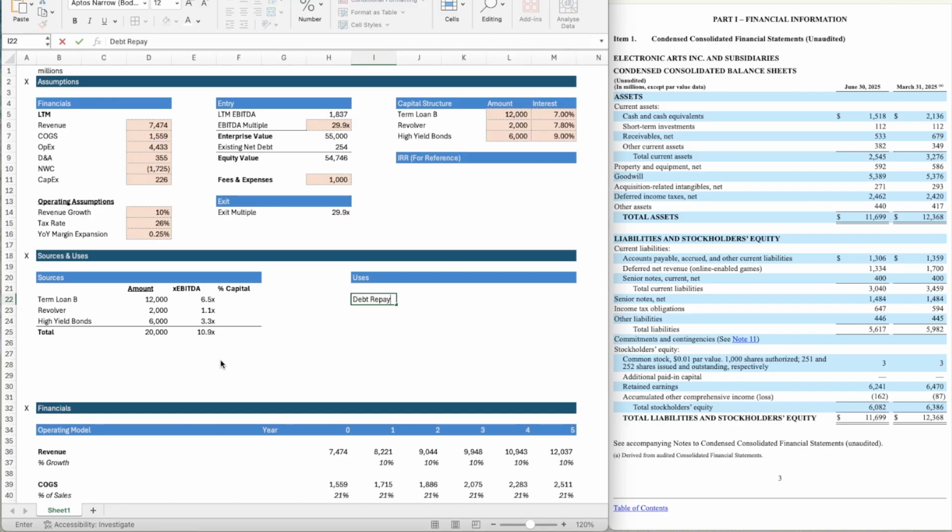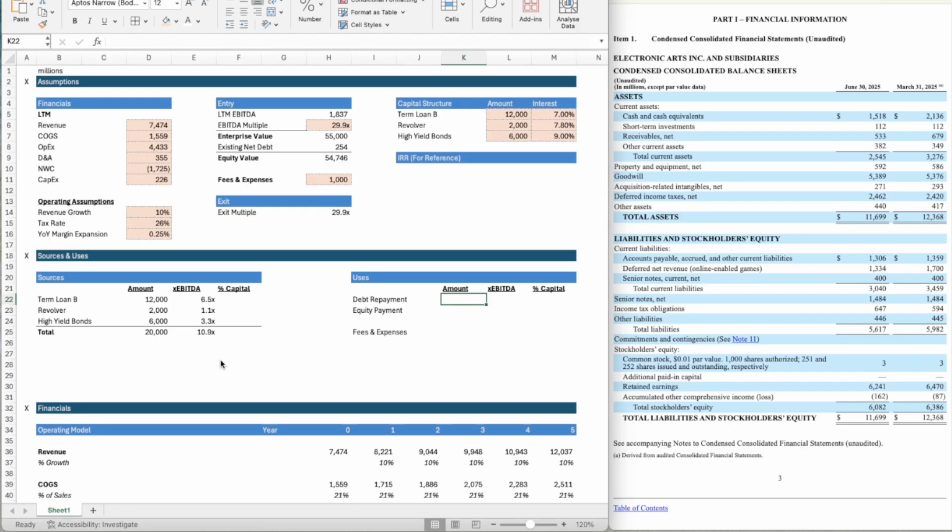We have to go into uses: debt repayment, equity payment, fees and expenses. Just copy these over. Underline them all just to be consistent.